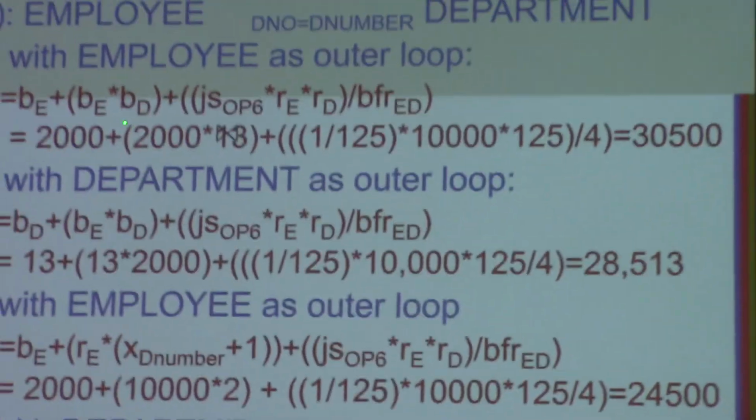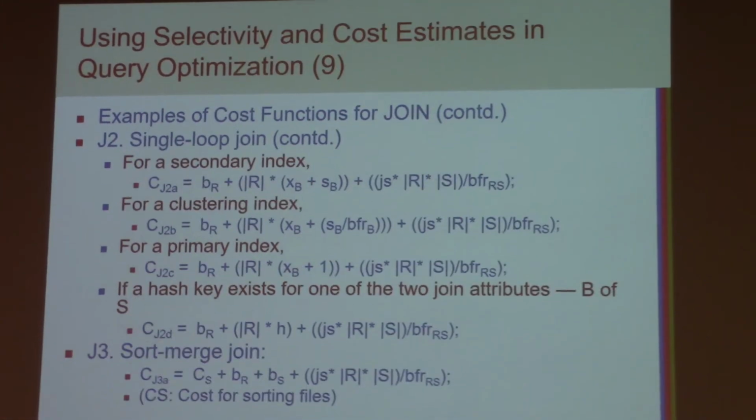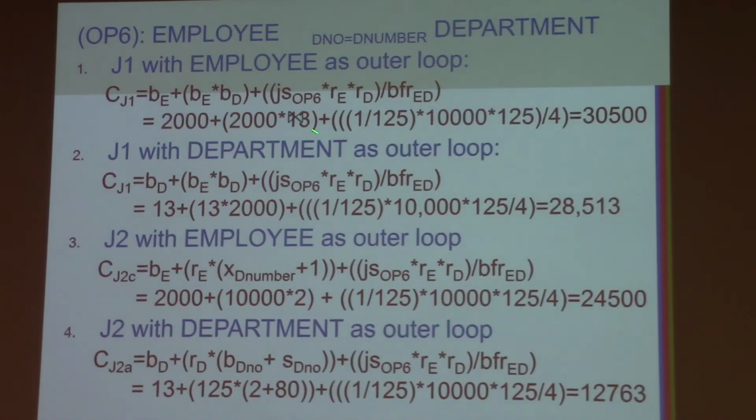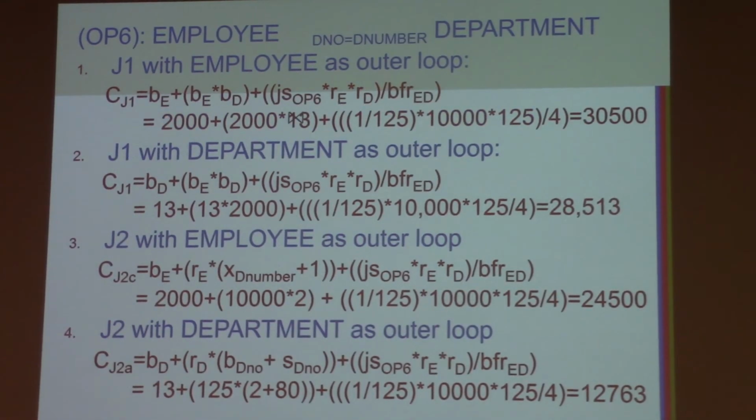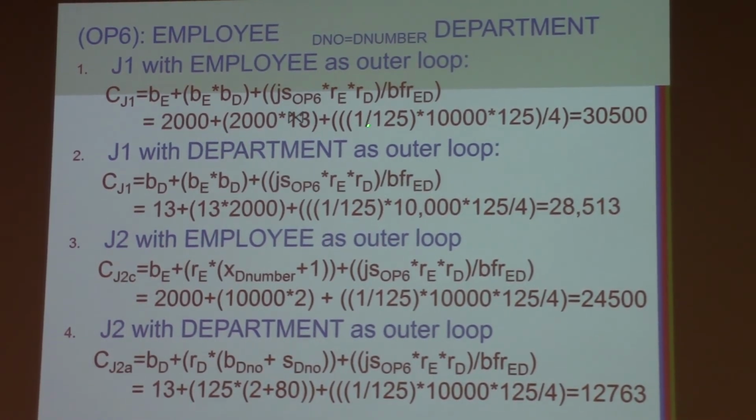Also same thing, single loop join for the employee. So we can calculate. This is brute force, 2,000 blocks plus 2,000 times 13 blocks. Then the join selectivity is 1/125.